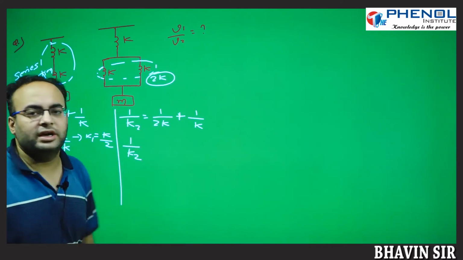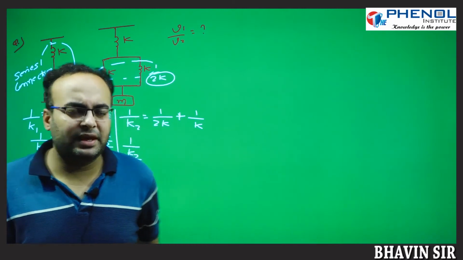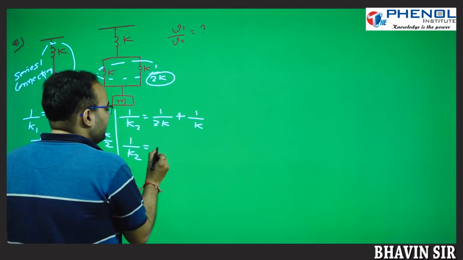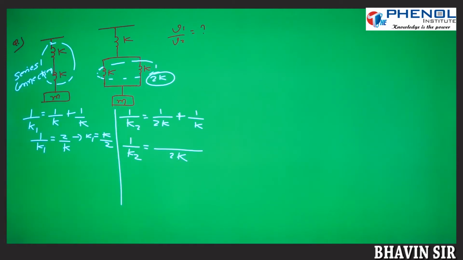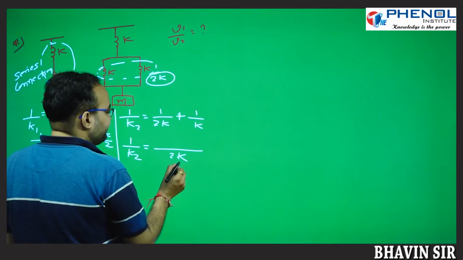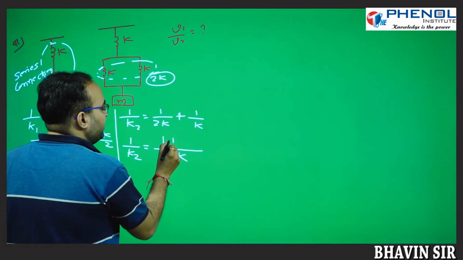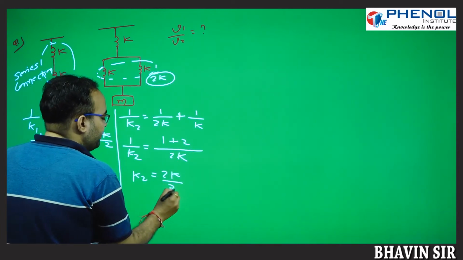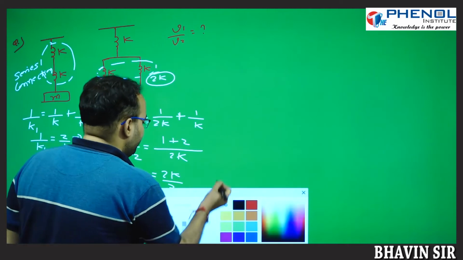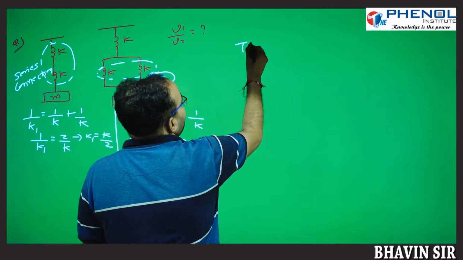Now take LCM, 2k is the LCM. So 1 plus 2, so what is k2? 2k by 3.